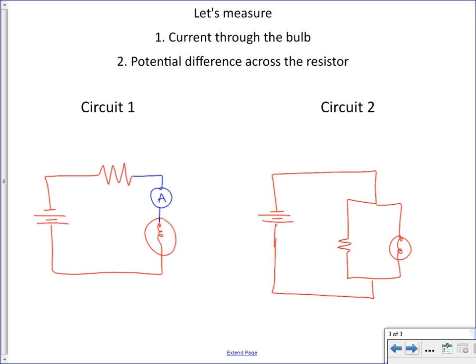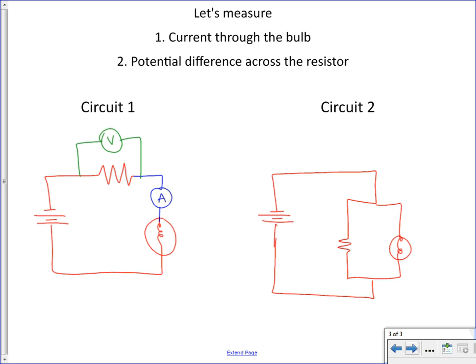Potential difference across the resistor. Well, that's voltage across the resistor. So we look before and after the resistor, but only the resistor. There's our parallel voltmeter connection. We do that over here. Let's see, current through the bulb.